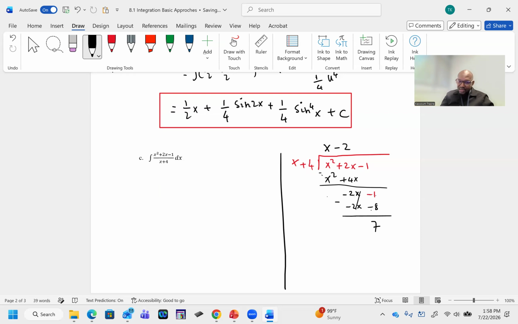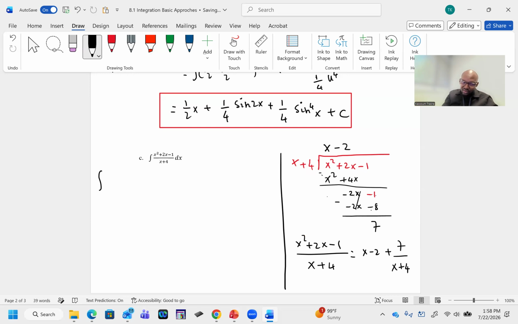This means my x squared plus 2x minus 1 divided by x plus 4 is the same thing as x minus 2, right, plus 7 divided by x plus 4. That's what it means.